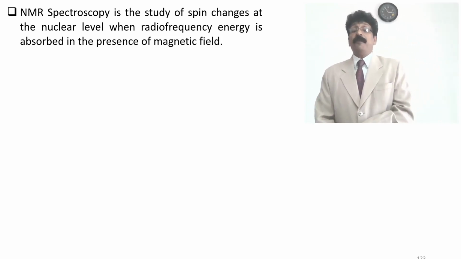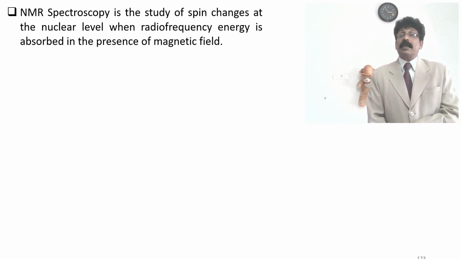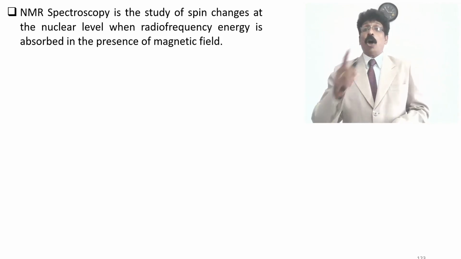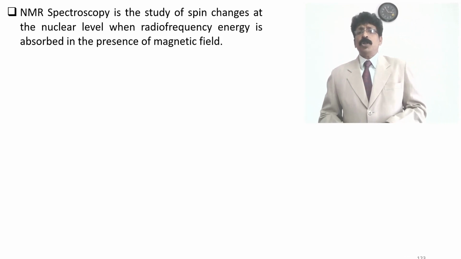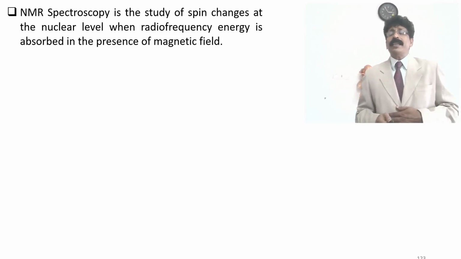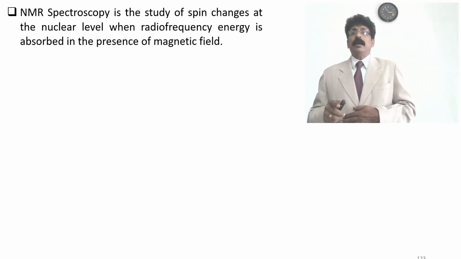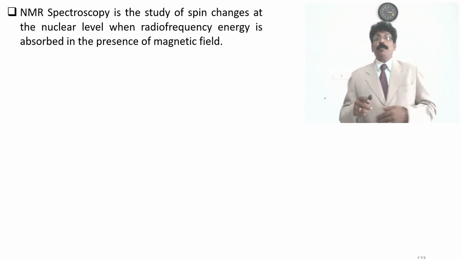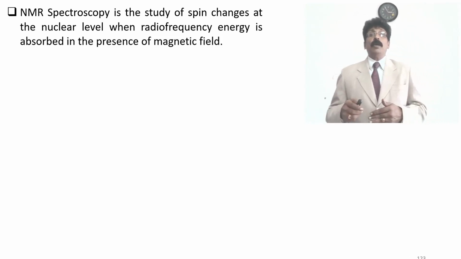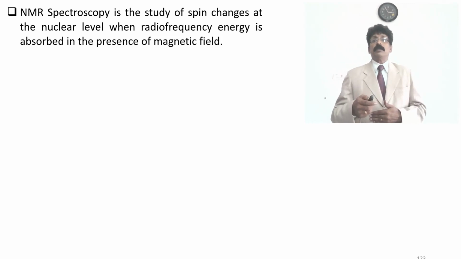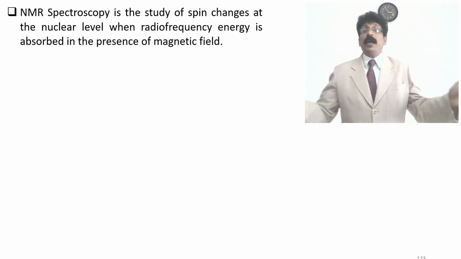We might have studied in earlier chemistry classes about the nucleus and the orbitals. Here, the electron present in the orbital will show absorption of radio frequency energy when the magnetic field is supplied to the sample.